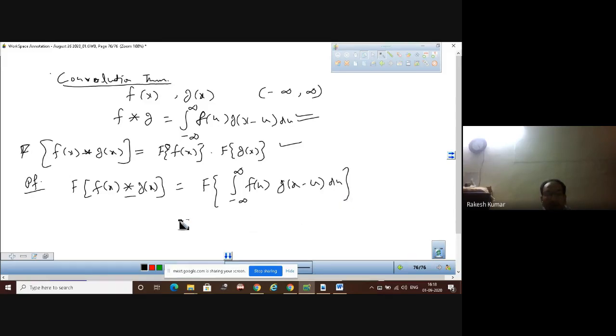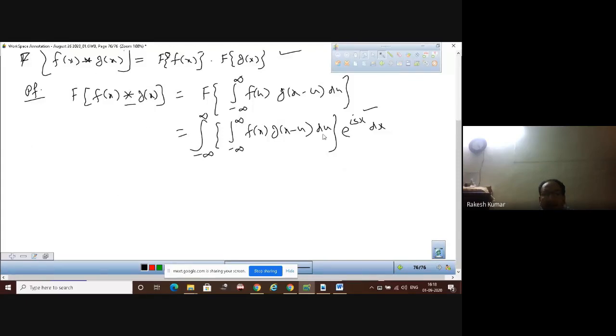Now we can write down its Fourier transform. That is again the integral from minus infinity to infinity of the integral from minus infinity to infinity of f(u) g(x minus u) du, into e raised to power iota s x dx. This is by the definition of a Fourier transform.